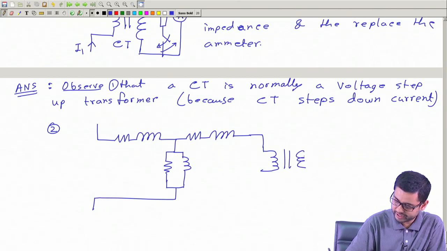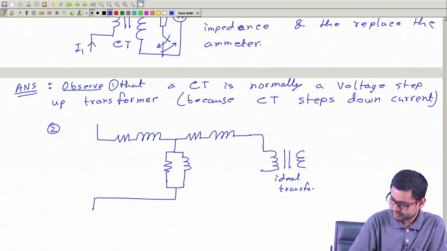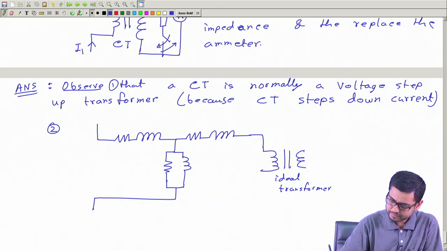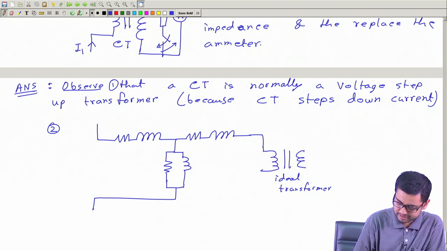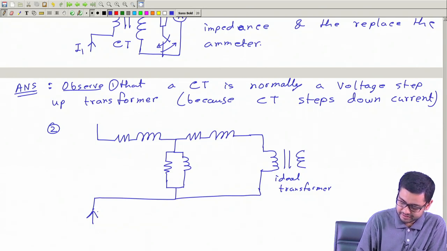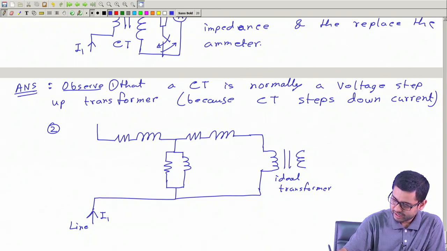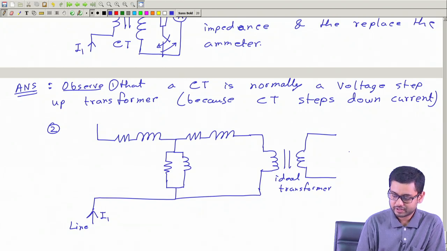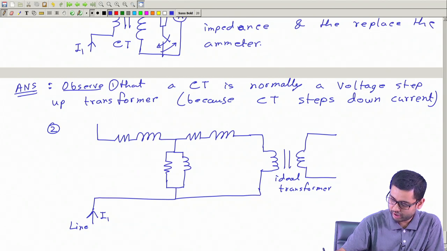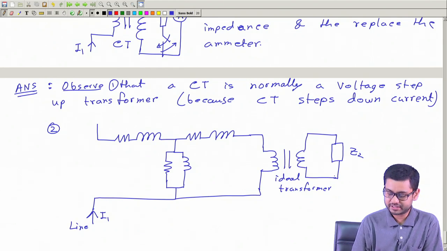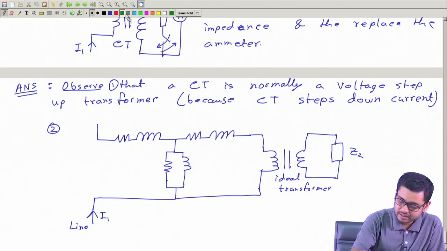I am drawing it symbolically. So this is the equivalent circuit. This is the main line carrying the current I1, and here we can have the meter or so. This impedance you call Z2. This can be the meter or whatever itself. Now this is an ideal transformer.